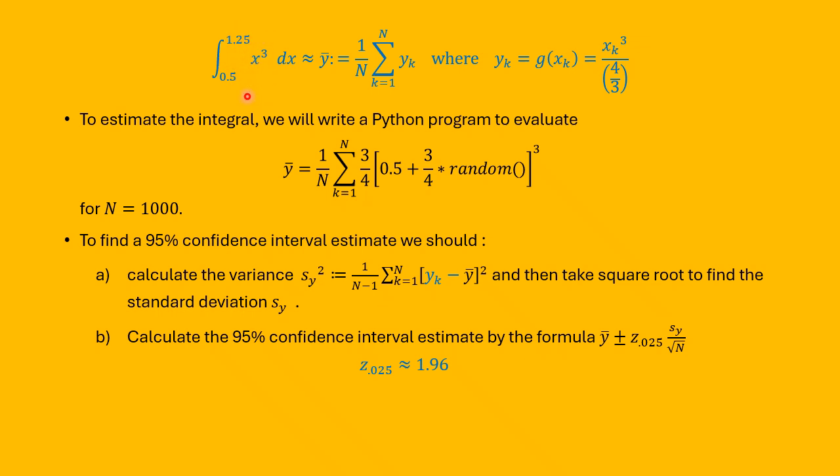We won't be sure that the interval that we calculate actually includes this integral, but we can be fairly confident because we're using a method that 95% of the time will trap that integral value inside this interval that is calculated. By an interval here, the left endpoint uses the minus sign, the right endpoint of the interval uses the plus sign.